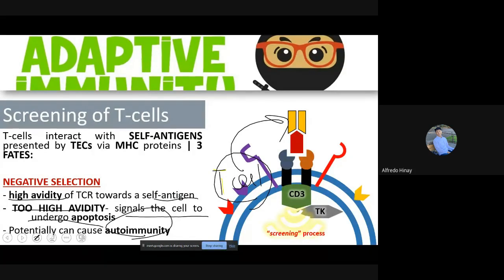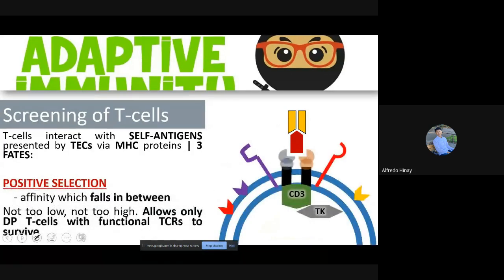Then the third one, class, of course, is positive selection. Affinity which falls in between, so just right, right? Not too low, not too high, allows only your double positive T cells with functional TCR to survive.